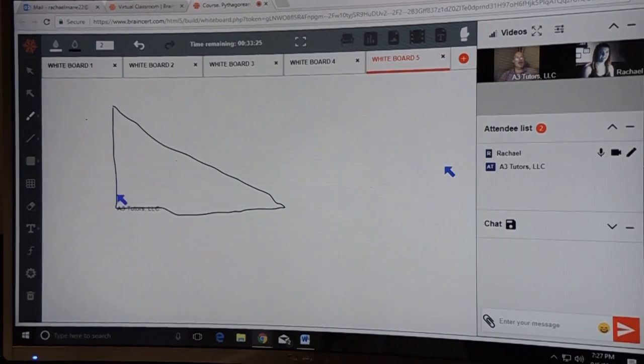And we know it's a right triangle because this is the 90-degree angle here. I'm going to say that this is 10 feet, and this over here is about 18 feet.